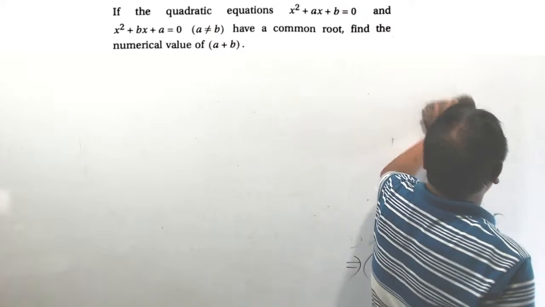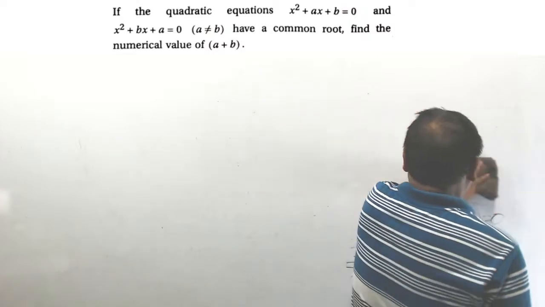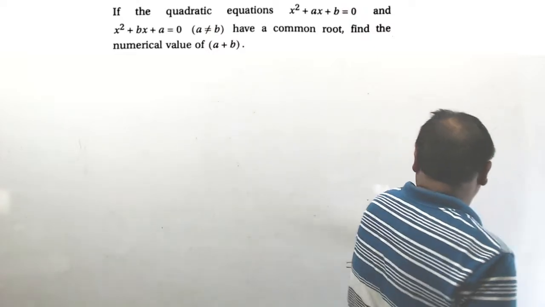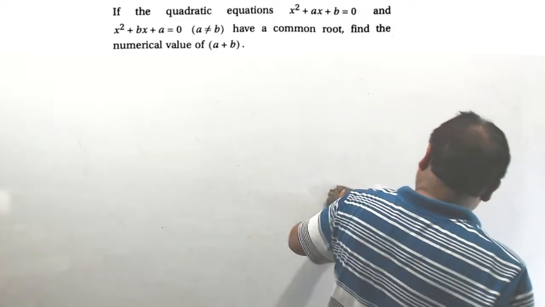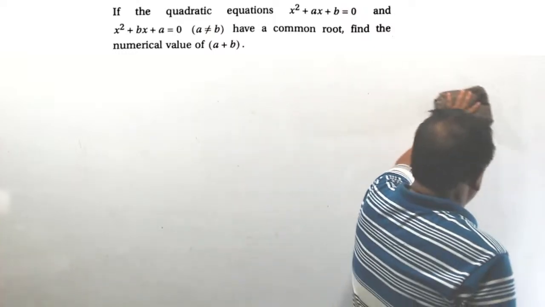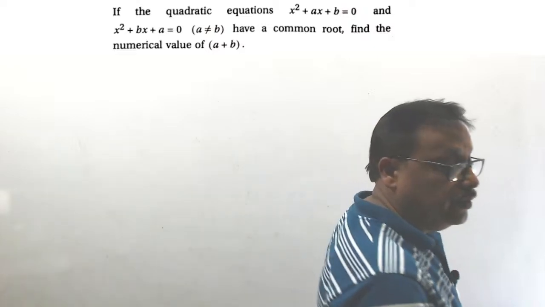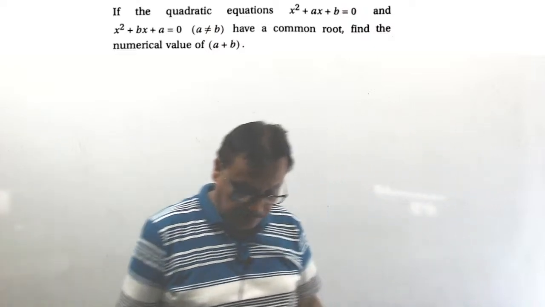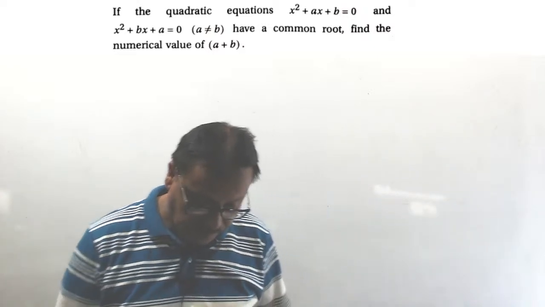So how will you find the maximum and minimum values of a quadratic expression? What are these? I'm trying to show you.